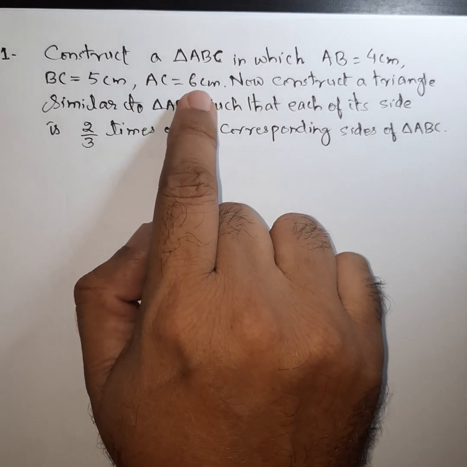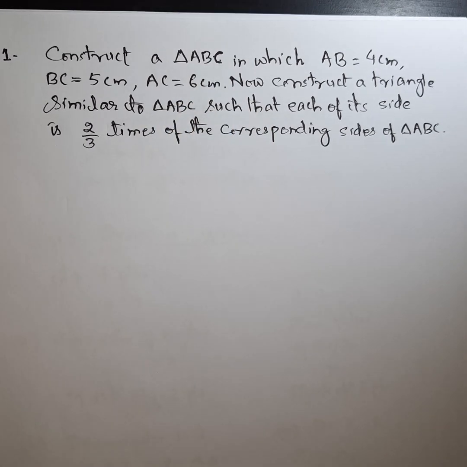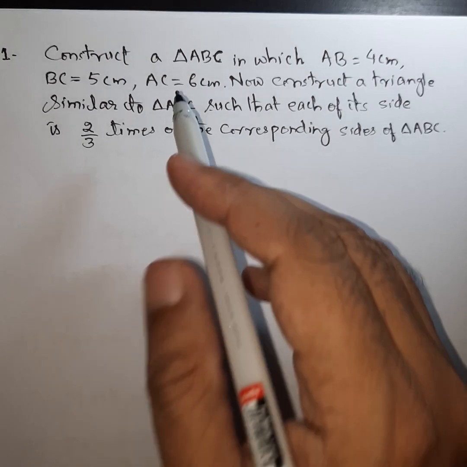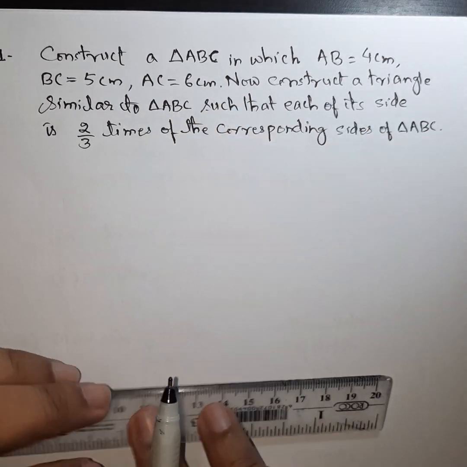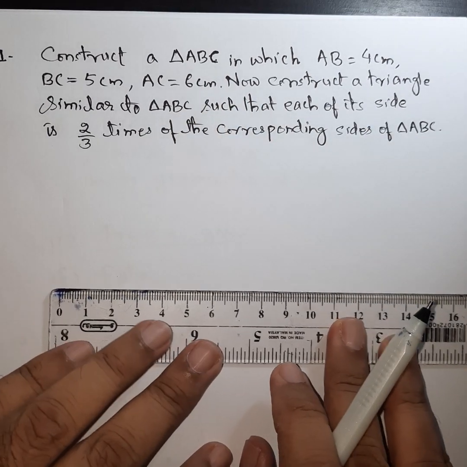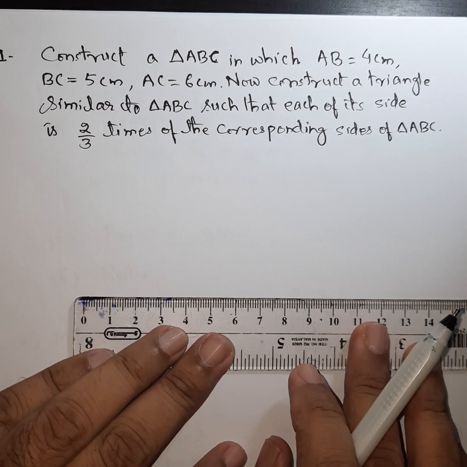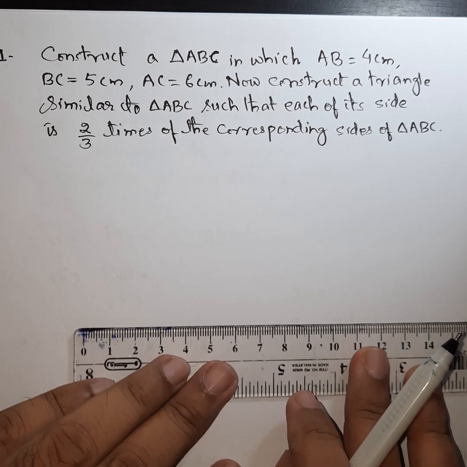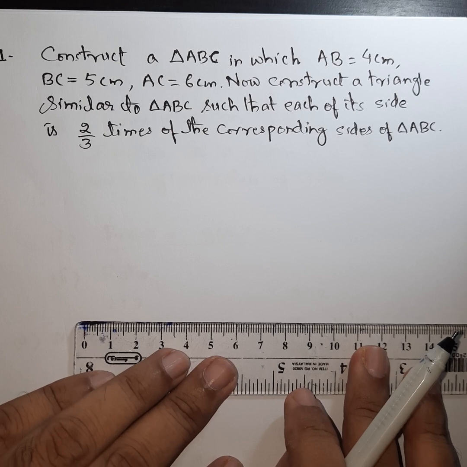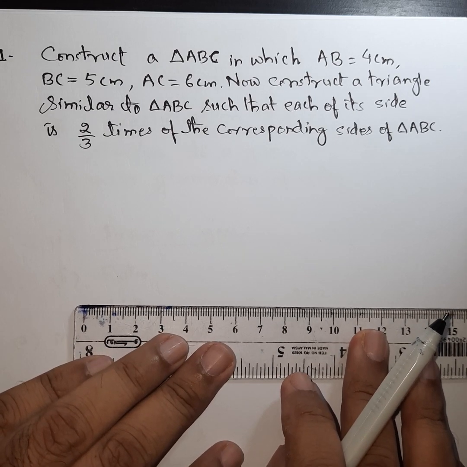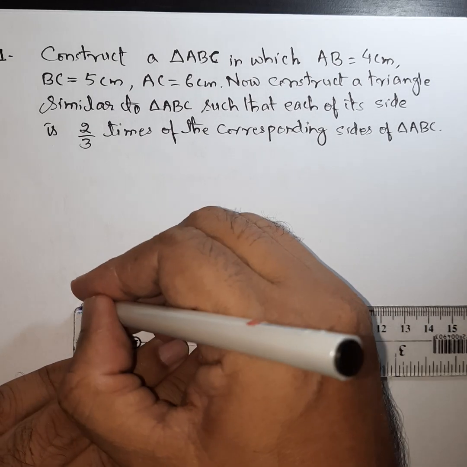I told you the first part is according to our class 9th or class 8th. Here all three sides are given. So I suggest you take the biggest side as a base, but you can take any side. So if we take base AC as 6 centimeter, so this is 6 centimeter AC.